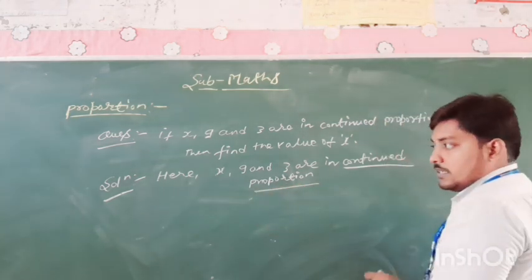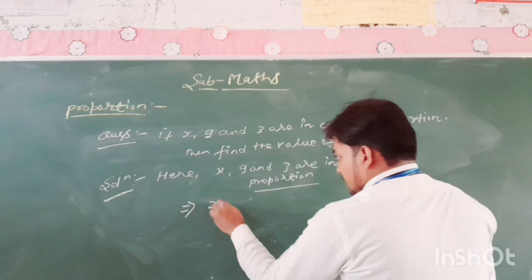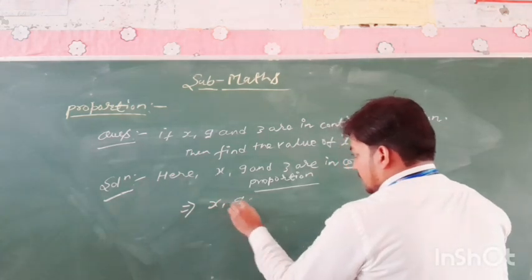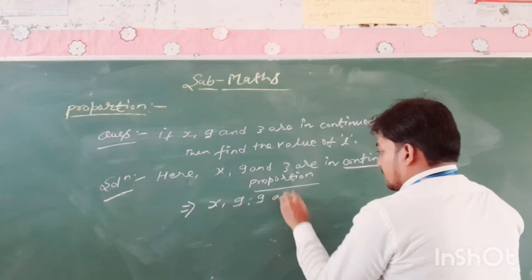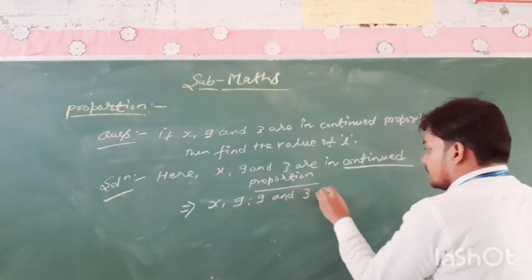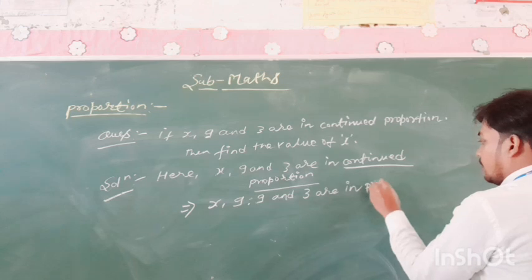This implies that x, 9 and 3 are in proportion.